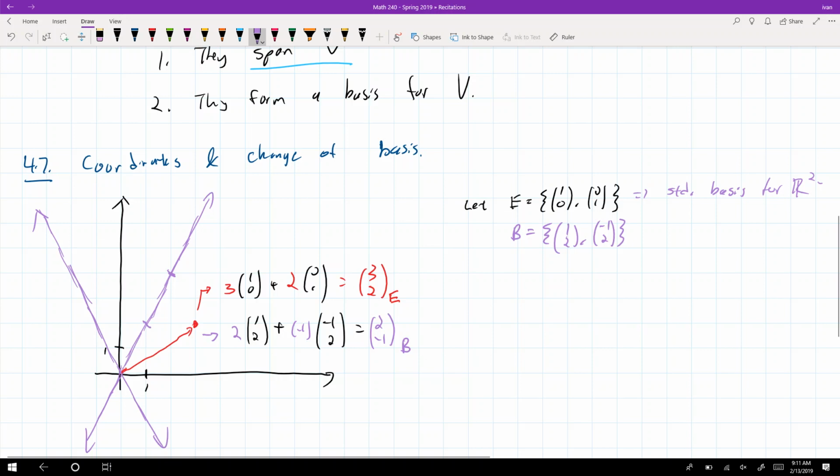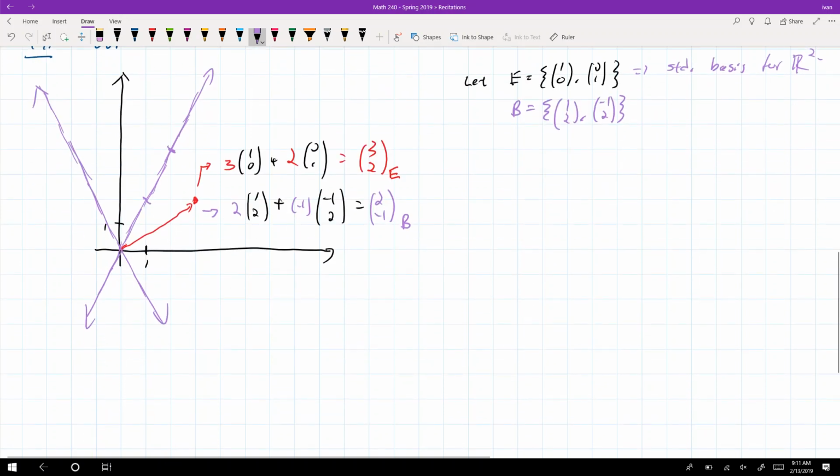Okay, so this is all good because we can just eyeball the solution. But what if we can't eyeball the solution? What if we're only given some basis elements, and then we want to actually find that point with respect to some different coordinates? That's what we're going to talk about now.